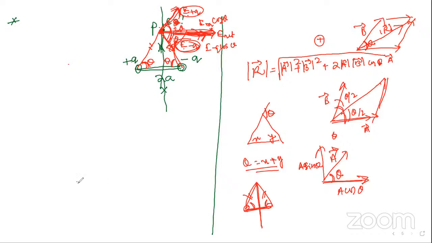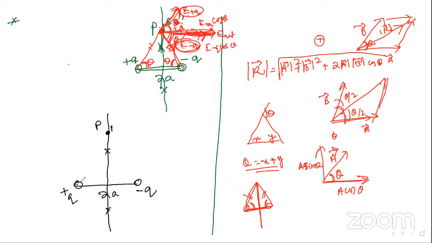It's looking bad now. So two charges are there, distance between them 2a. Perpendicular bisector, we are interested to find out the electric field on this perpendicular bisector. Let's say at a point P, we are interested to find out the electric field, and this is, let's say, plus Q charge, this is minus Q charge.